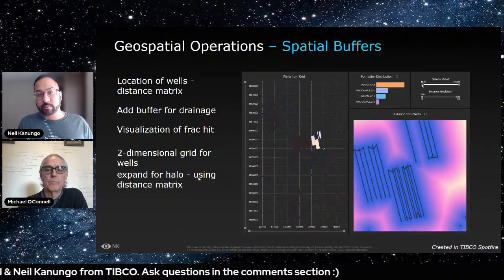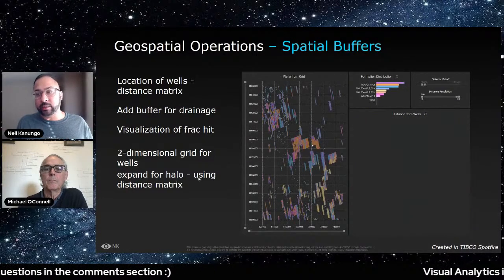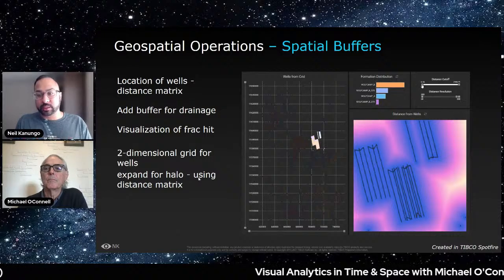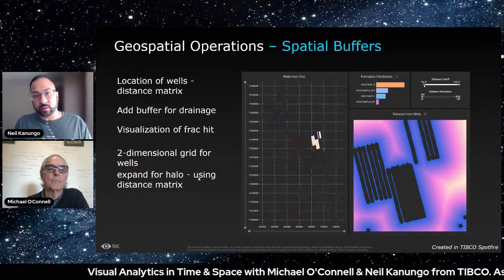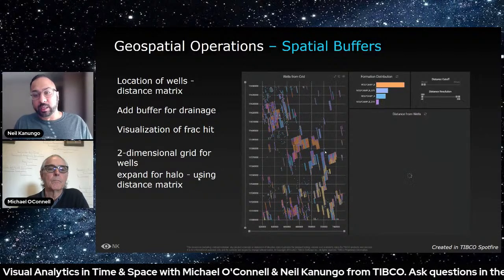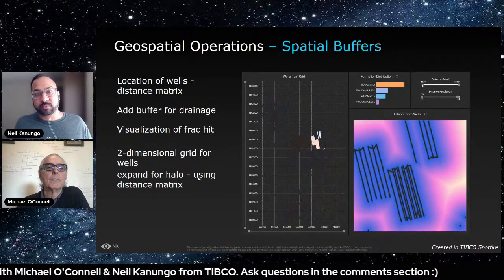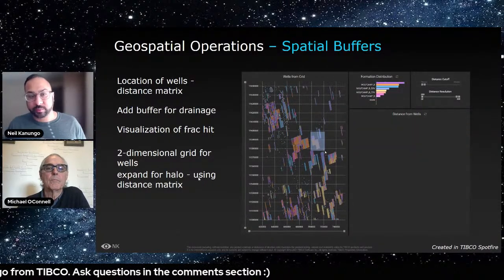You don't want to put the wells too close to each other because they need drainage space. So I can select some wells, and that's going to show these thin lines. Then I can move my distance cutoff, and that's going to increase the buffer zone. And I can see what is the available space given whatever buffer zone I choose. So that's a spatial buffer.